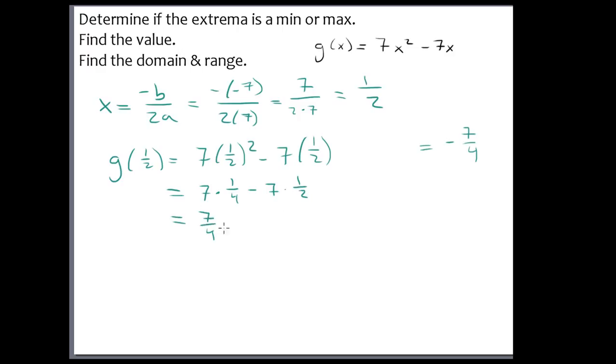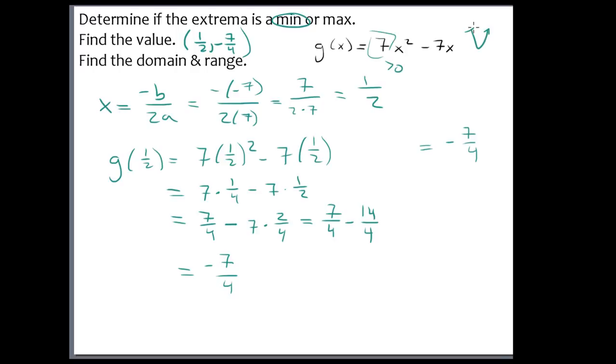That's 7 quarters minus 7 times 2 quarters. 7 quarters minus 14 quarters is negative 7/4. Boom. So what's our value? 1/2, negative 7/4. This is also going to be a minimum because look, that's greater than 0, so it does this.